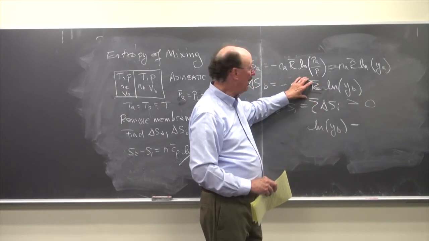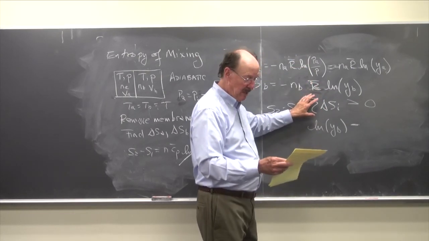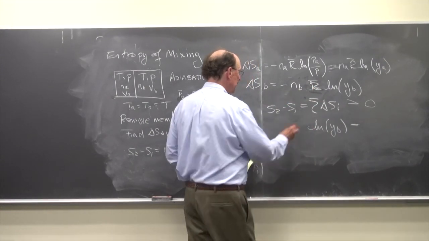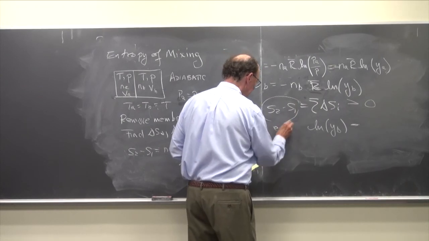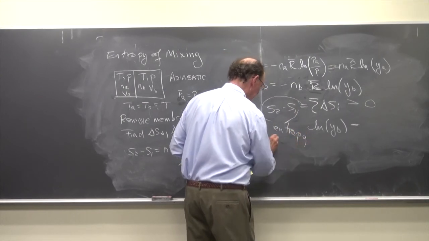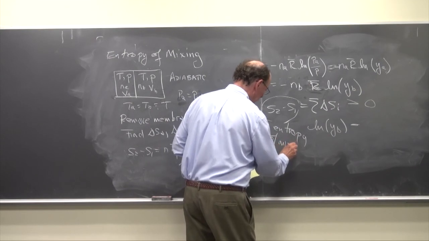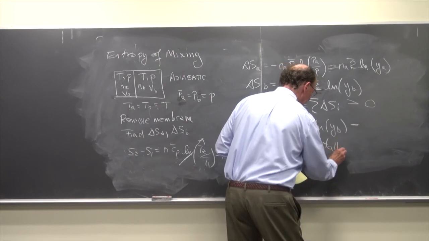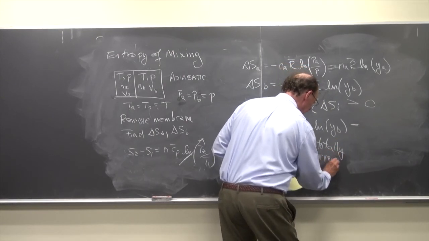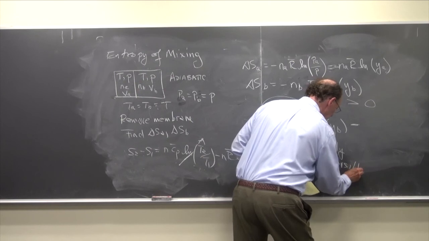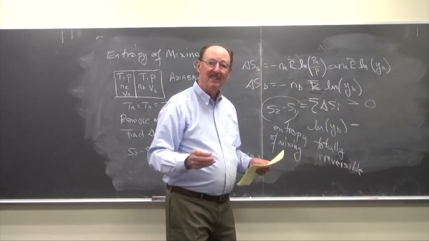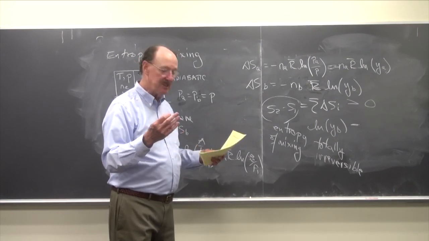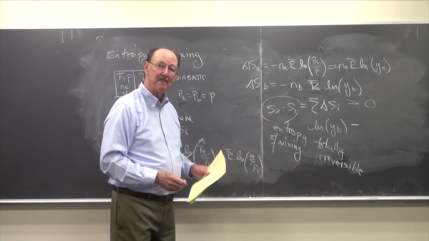So this term is positive, this term is positive, and so I have this entropy change, this entropy of mixing. It's totally irreversible. You can't unmix. Once you did this, there's no way to get the A's and the B's back separately again. So it's a totally irreversible process.